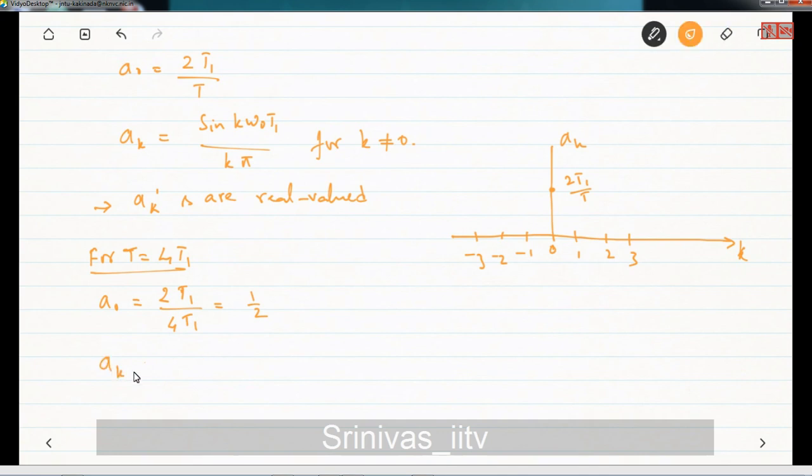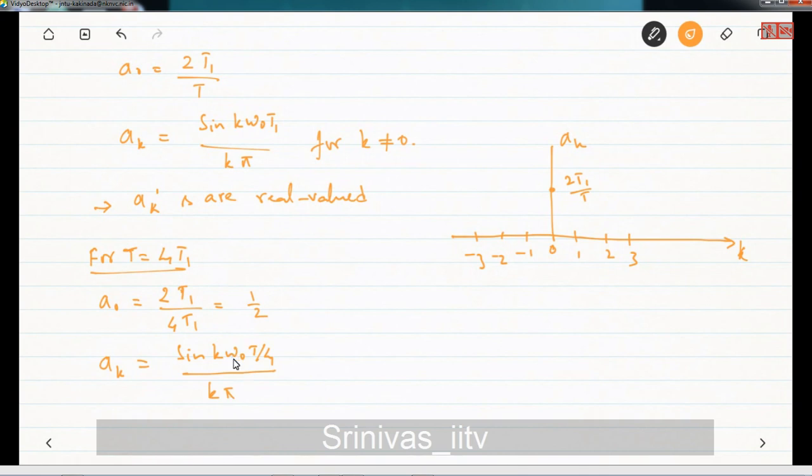Then ak is sine k omega naught t1, where t1 is T by 4, divided by k pi.